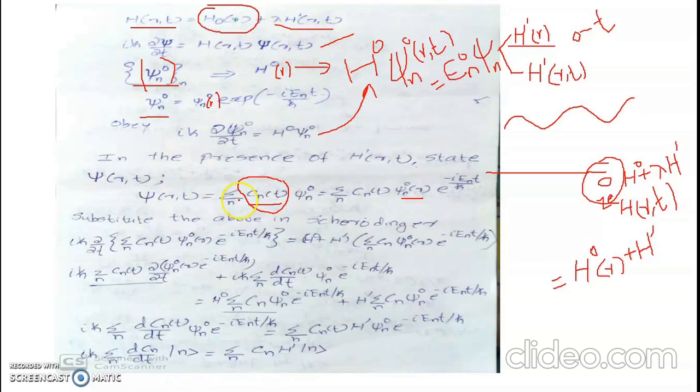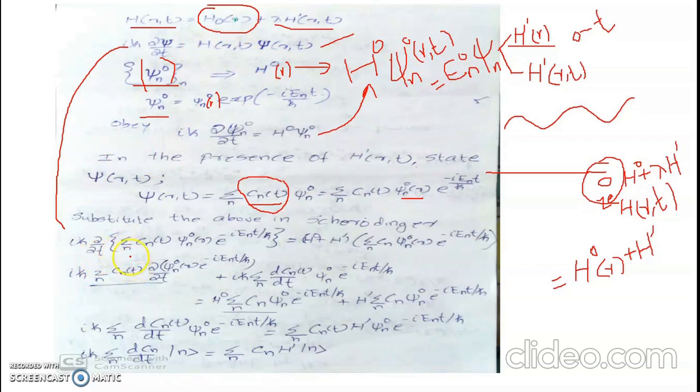So we substitute this in the expression that we have to solve, which is the time-dependent Schrodinger's equation satisfied by the system under our consideration, which is i h cross ∂psi/∂t equal to H of r comma t operating over psi.